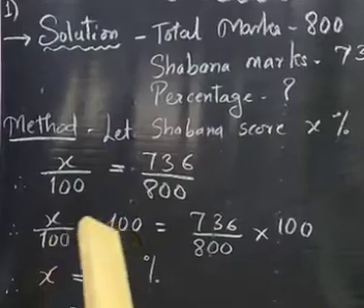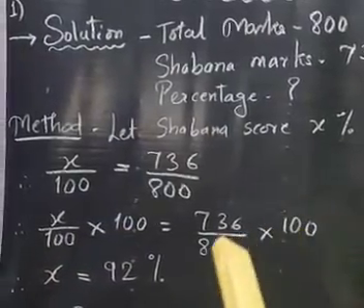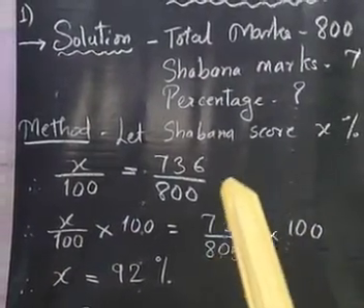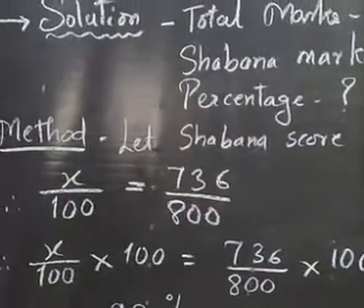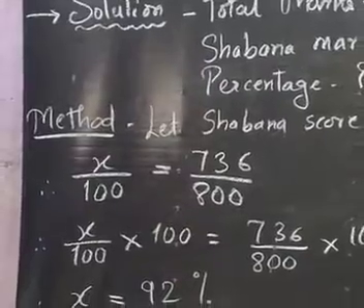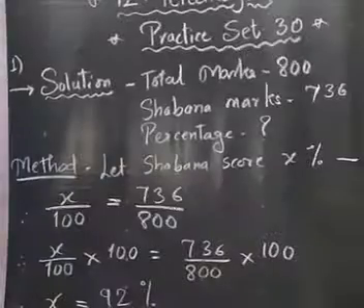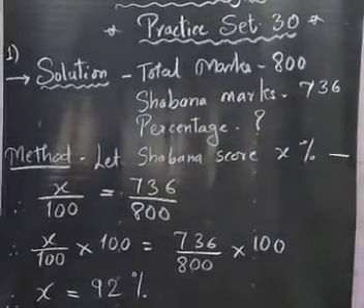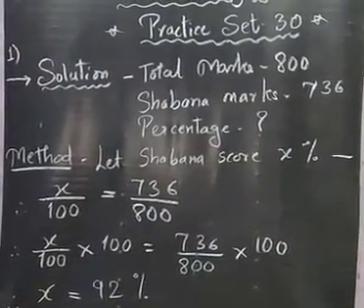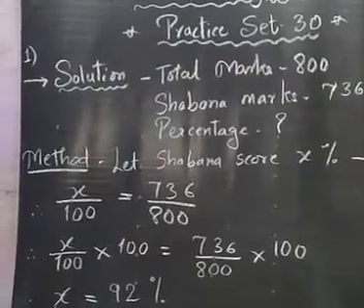So here 100 will get cancelled. Here 100 ones are 100 eights are. And if you divide 736 by 8, we get 92%. Hence we got here 92%. So Shabana scored 92% marks in her exams. This is the first example.